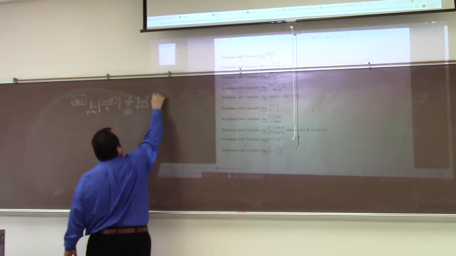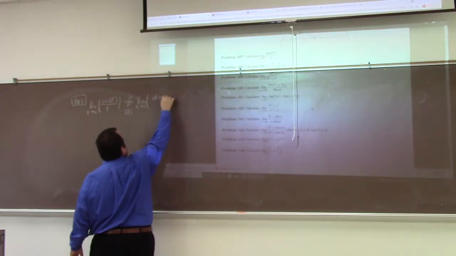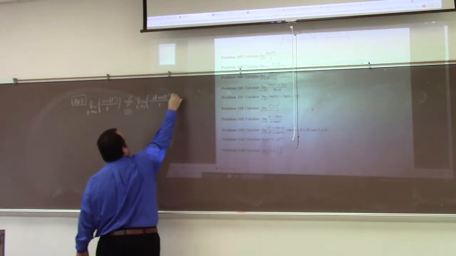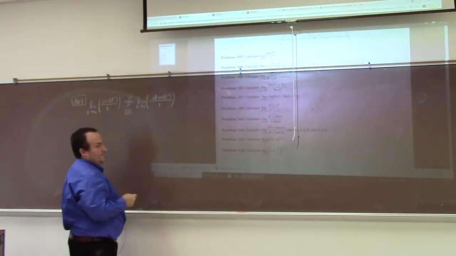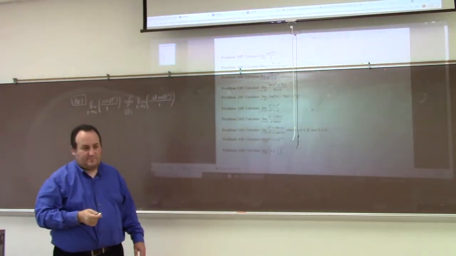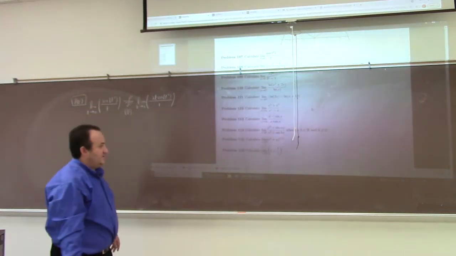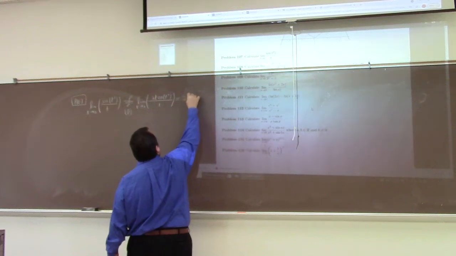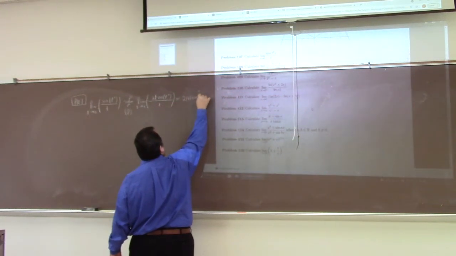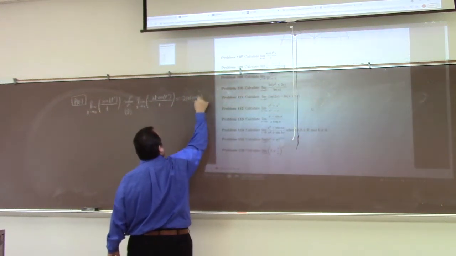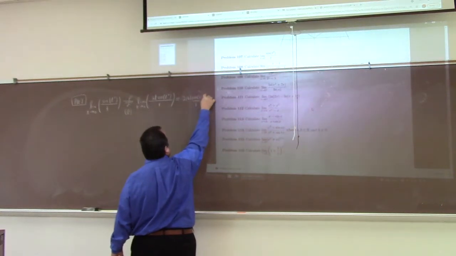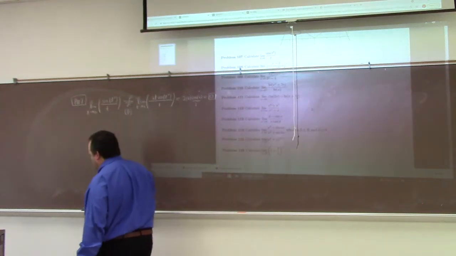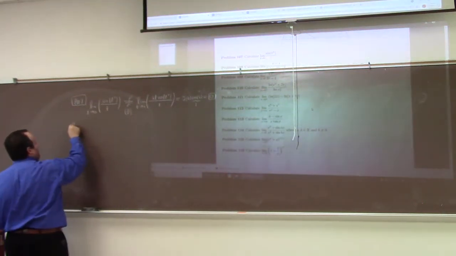We've got 2t cosine of t squared by the chain rule, right? And 1 downstairs. At this point we're done, because you can plug in 0. What's cosine of 0? It's just 1, right? So you get 2 times 0 times 1, also known as 0. So that's 107. 108.